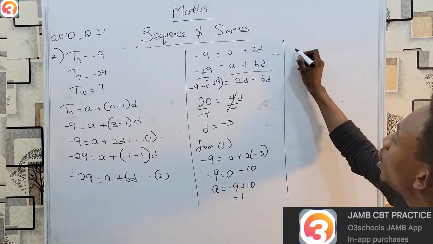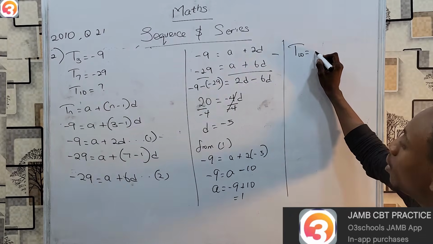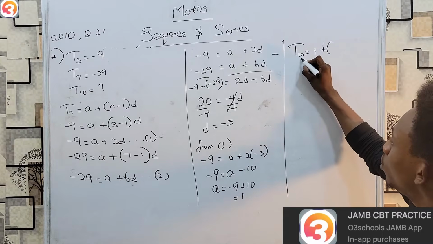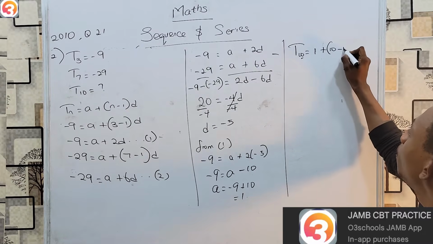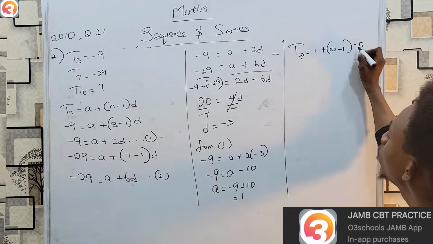And now that I do know them, I can simply say that T10 equals A, which is 1, plus N, which is going to be 10 minus 1, times D, which is minus 5.